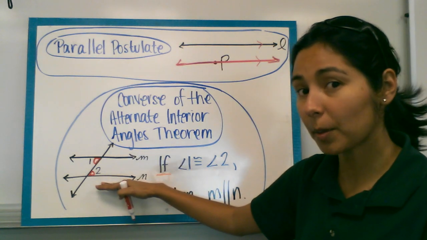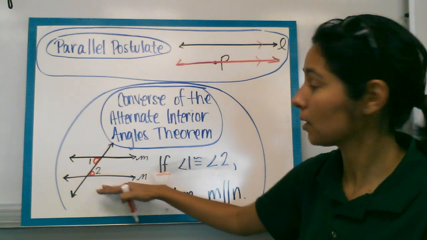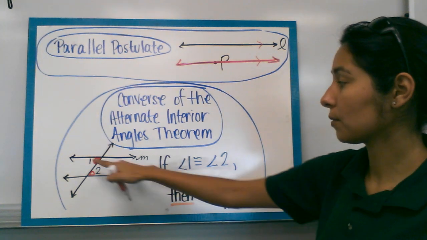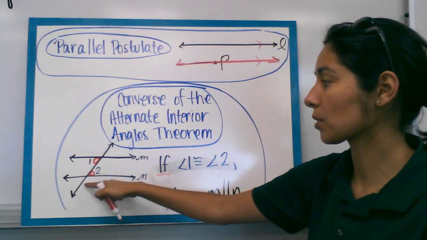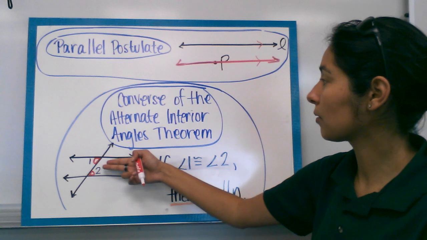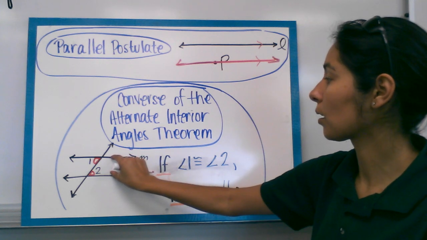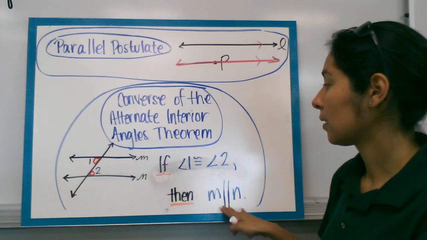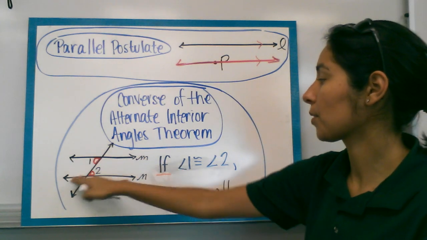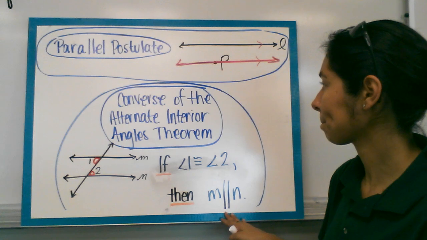I don't know that they're parallel to start with because they're not marked. So if 1 and 2 are alternate interior, so they're on opposite sides of the transversal, but on the inside of the lines that we're trying to prove are parallel, then the lines are parallel if the angles are the same.